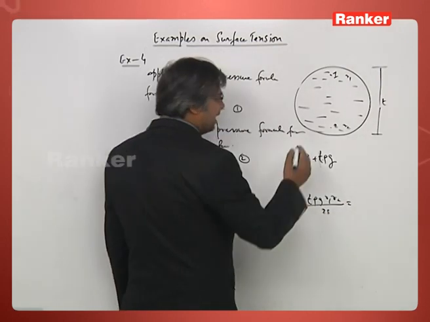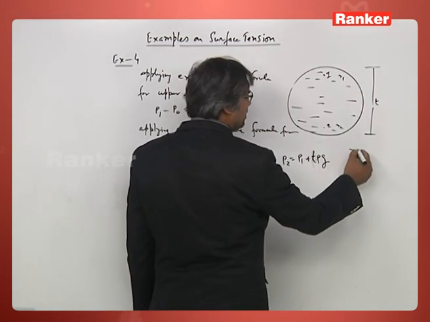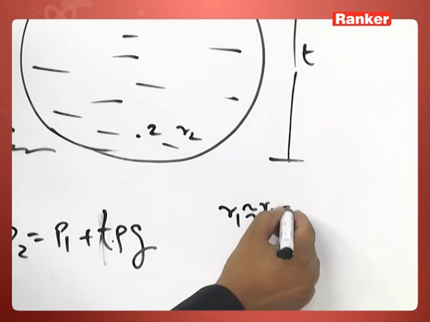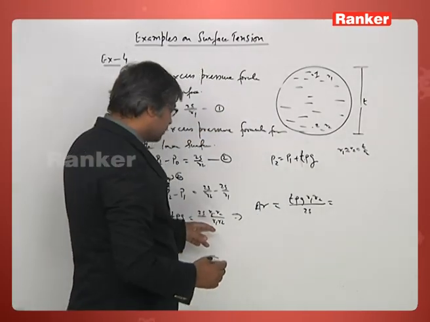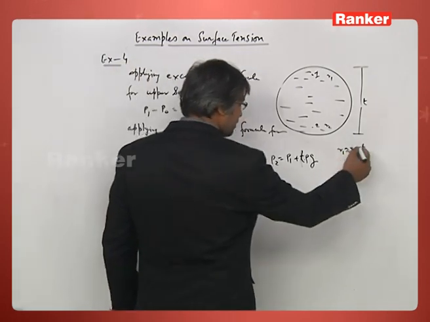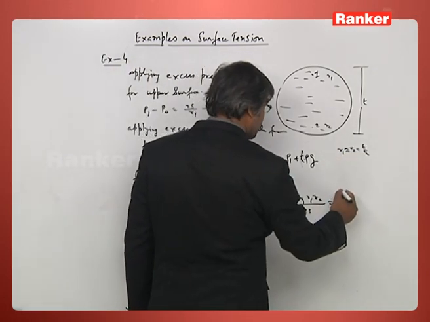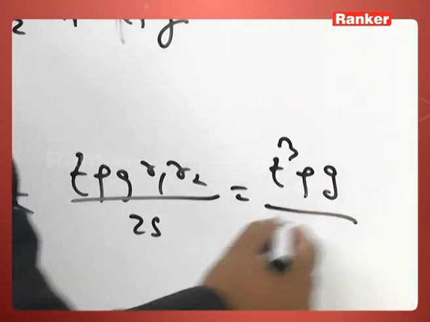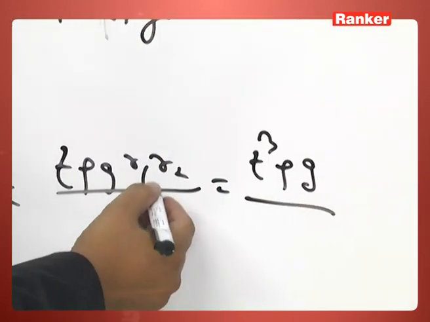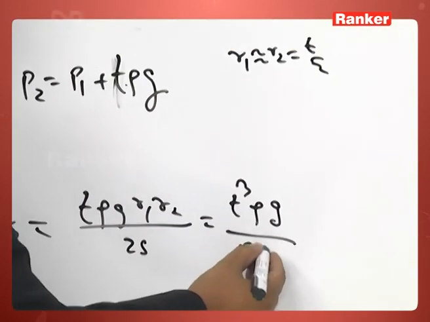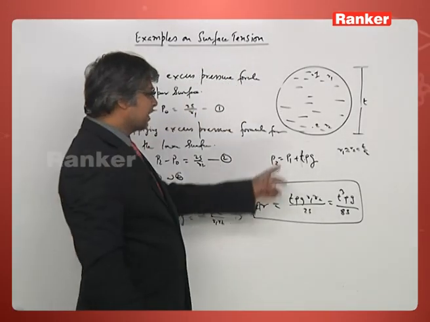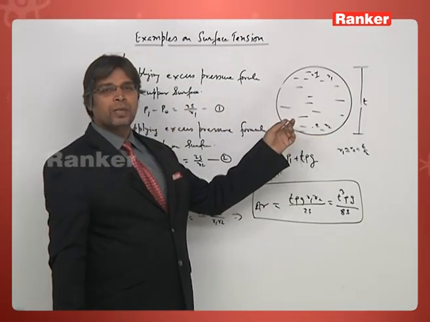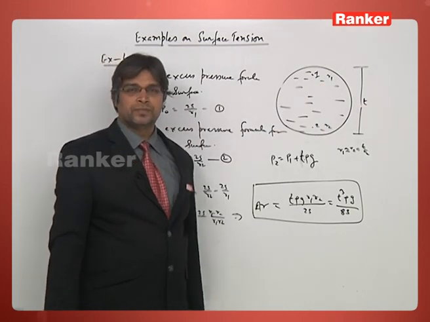Now, you see here this R1 is nearly equal to R2, which is equal to t by 2. So R1 R2 is t square, so it becomes t cube rho g by 2 into 2 into 2, 8S. So this is the difference of the radius of curvature of the lower part and the upper part.